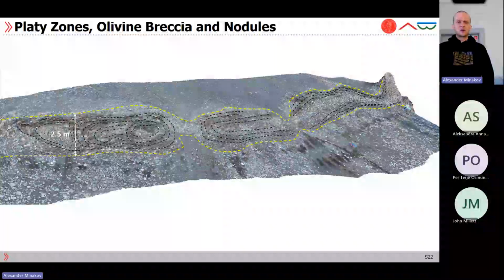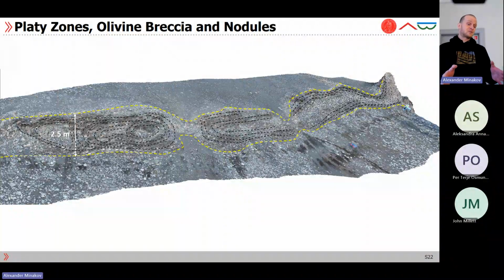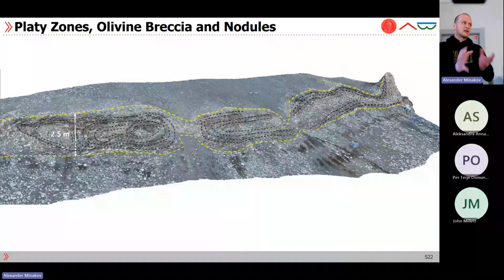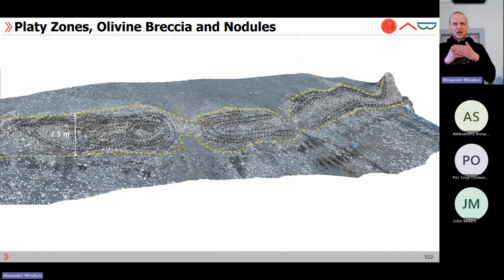And do the same exercise which I did for the xenolithic parts on the previous outcrop, and compare how these olivine boulders, olivine nodules are interrelated, and how their shapes relate to the distribution of these plate zones.